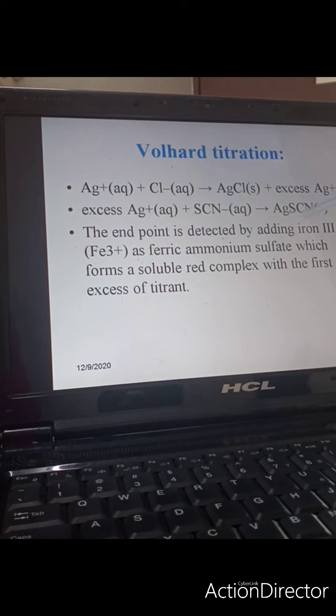So you will be getting AgSCN, which is again a white precipitate, and the indicator which we are adding in this is ferric ammonium sulfate. So when the end point is reached, this ferric ammonium sulfate will react with thiocyanate, and it will give you a red complex. So that will be the end point.